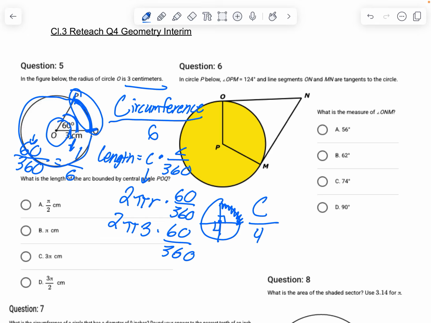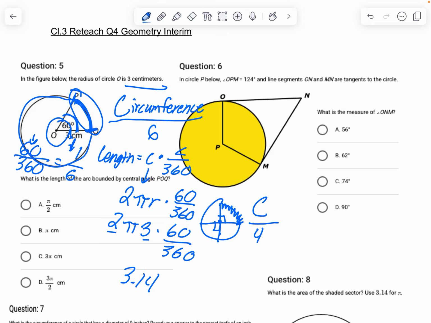If I put this entire thing in the calculator, it gives us a kind of weird number, about 3.14-ish. What does 3.14 look like? It looks like pi, right? If we look at all of our answer choices, they have pi written in them, meaning all you had to do is multiply the numbers together. 2 times 3 is 6, so we could have said 6 pi times 60 over 360.